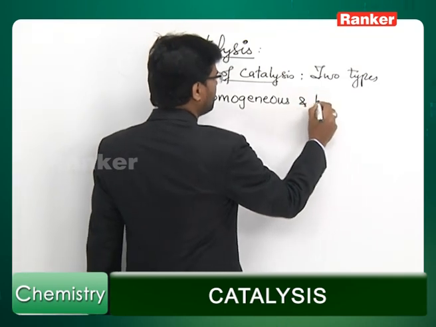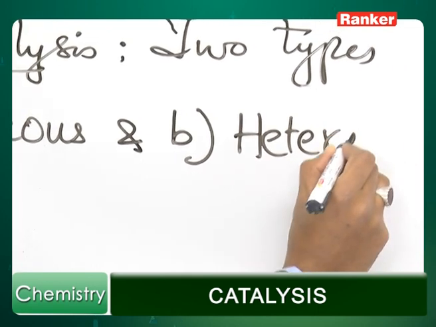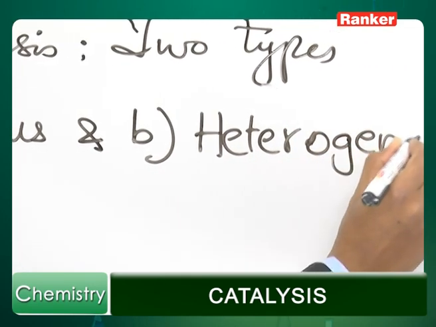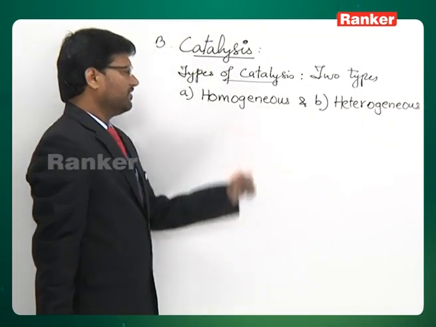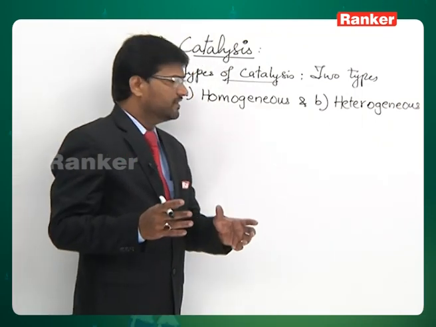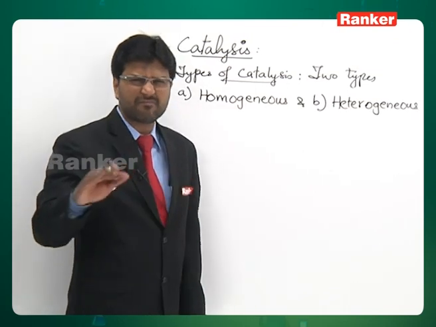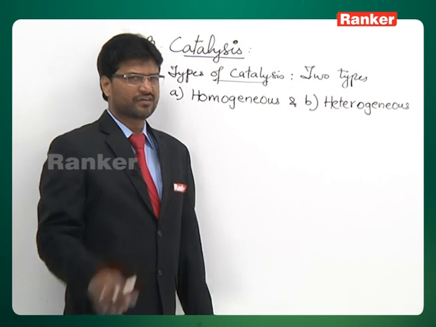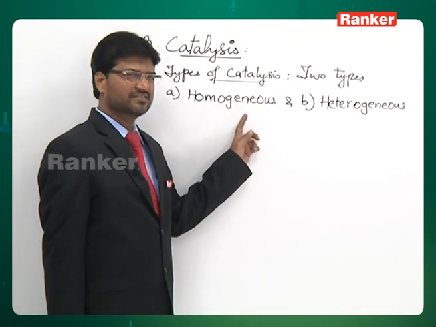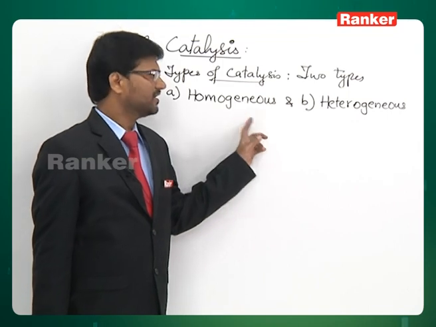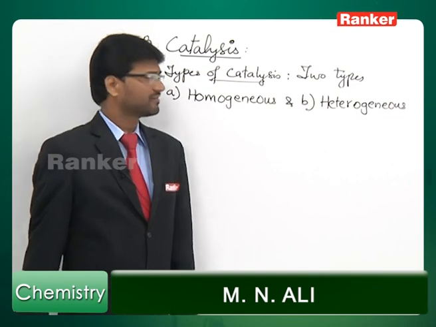And B, heterogeneous catalysis. Now, what is homogeneous catalysis? If the catalyst and all the reactants are in the same phase, then the type of catalysis is called as homogeneous catalysis. And if they are in different phases, then it is called as heterogeneous catalysis.